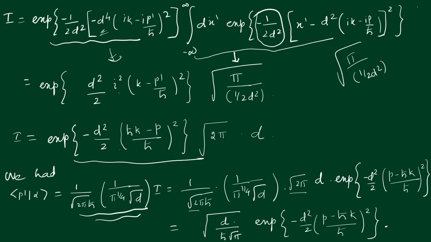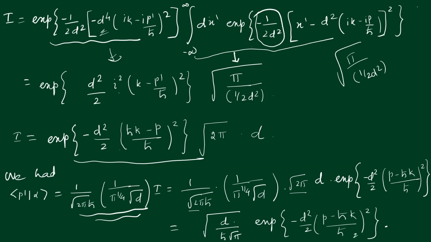Okay, and then exponential minus d square by 2 times p minus h bar k whole divided by h bar whole square. Here I had written this as h bar k minus p the whole square, but h bar k minus p the whole square is also p minus h bar k the whole square. So we can write this as p minus h bar k whole square divided by h bar square.